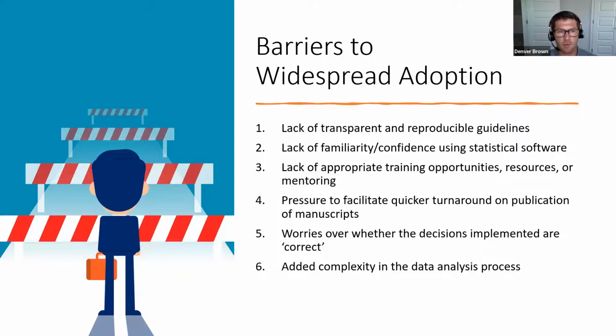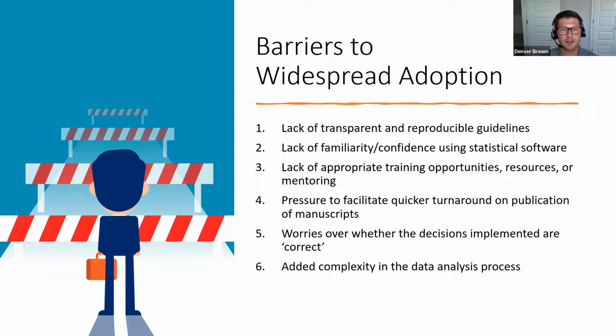And what might be more problematic is that there is pressure from colleagues or advisors to follow the already established norms, things like listwise or pairwise deletion, to facilitate quicker turnaround on publication of manuscripts, which is really problematic and is already being highlighted by several people today about how we need to get away from these questionable research practices. At the same time, point number 5, there are worries over whether the decisions implemented are correct. And lastly, there is added complexity in the data analysis process.